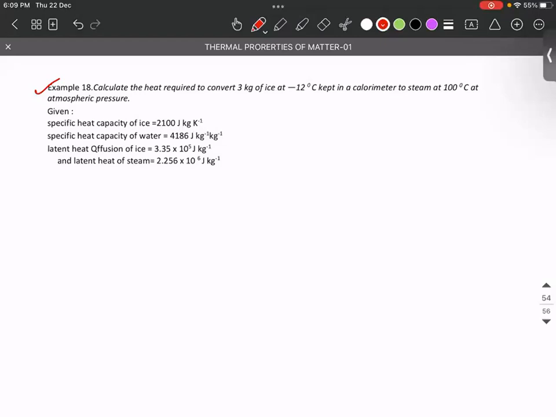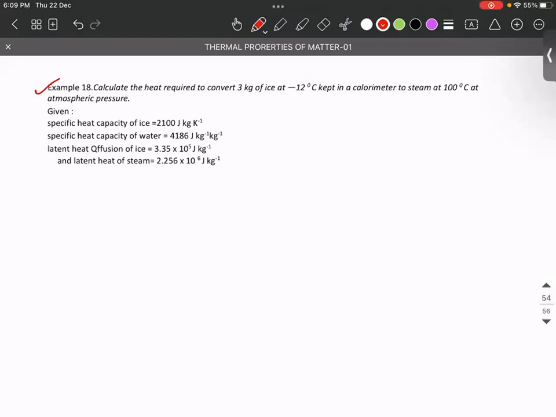So what is there? You have ice. It is not at 0 degrees Celsius. Read the question. It's minus 12. So from minus 12, you need to increase the temperature of the ice to 100 degrees Celsius. So what is the amount of heat that you need to supply? That is what the question is.